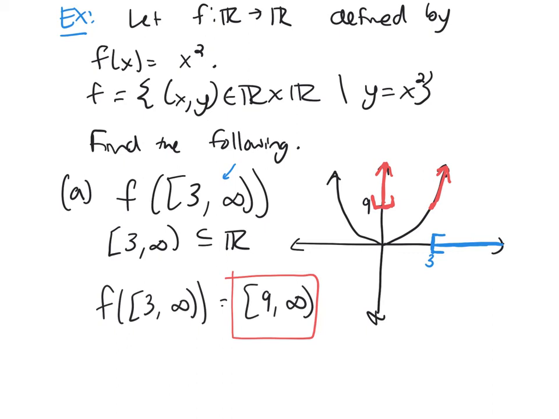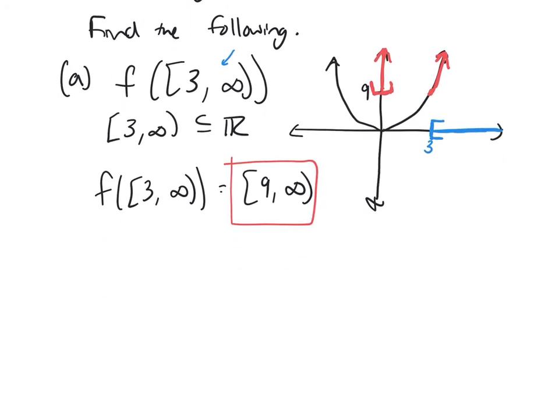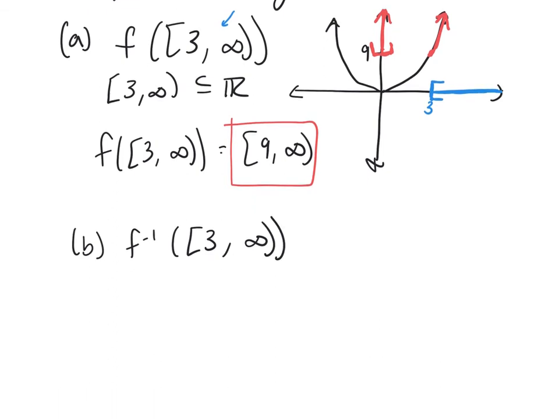All right, so now let's look at the inverse image. So B, f inverse of 3 to infinity. Because I'm looking at the inverse image here, let me give myself some space and redraw my graph.